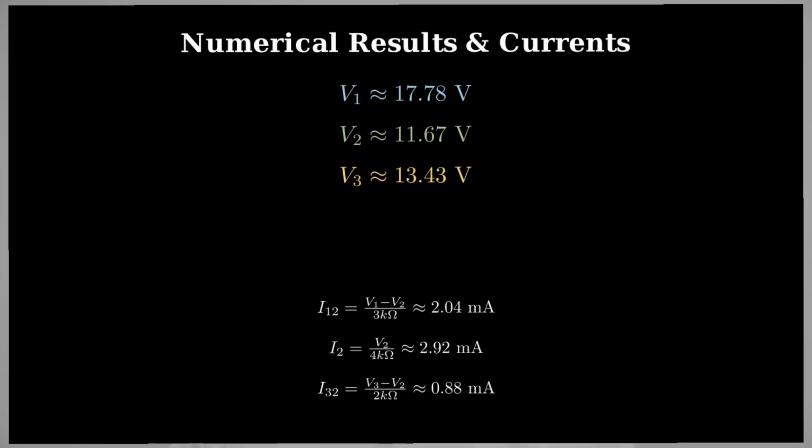The current from node 2 to ground is I2 equals V2 over 4000 ohms equals 2.92 milliamperes. The current from node 3 to node 2 is I32 equals V3 minus V2 over 2000 ohms equals 0.88 milliamperes. These results turn the mathematical solution back into electrical quantities.